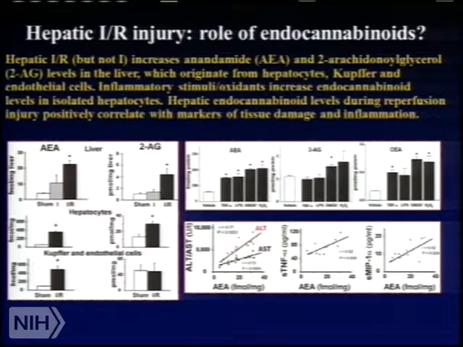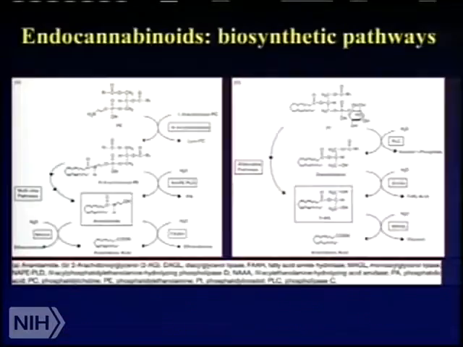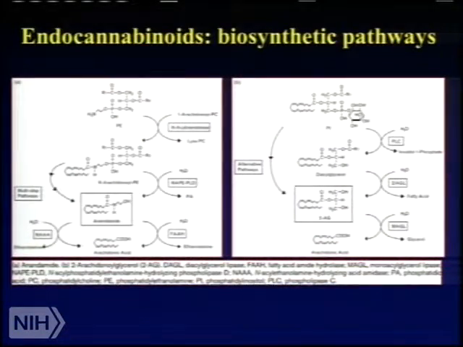And then we exposed hepatocytes to various pro-inflammatory mediators or oxidants like peroxynitrite and hydrogen peroxide. There was a marked increase of these endocannabinoids, suggesting that ROS leads to increased production of these endocannabinoids. And just keep in mind that these are degraded by two main endocannabinoid metabolizing enzymes, to arachidonic acid.